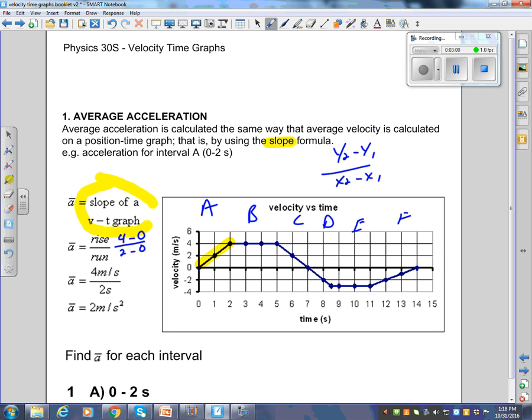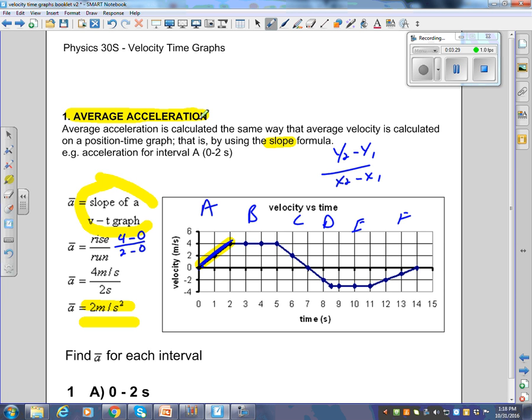And 4 minus 0 is 4. 2 minus 0 is 2, and 4 divided by 2 is 2 meters per second squared. That is the slope of that portion of the line. And because it's a velocity time graph, the slope tells us the average acceleration. Acceleration is the slope of the VT graph.